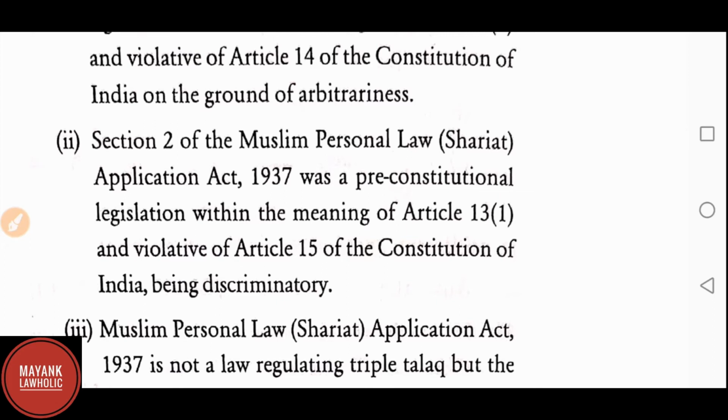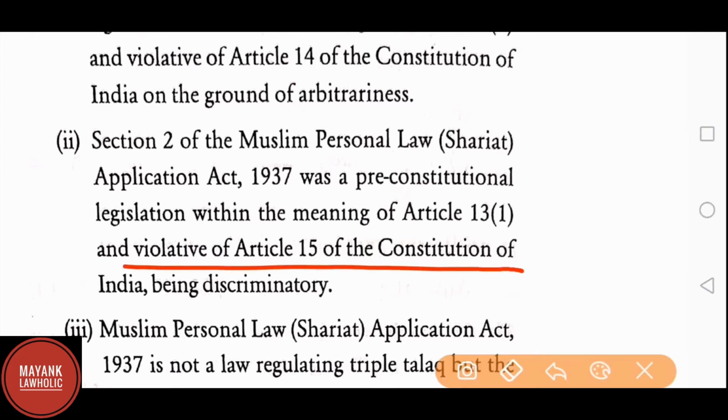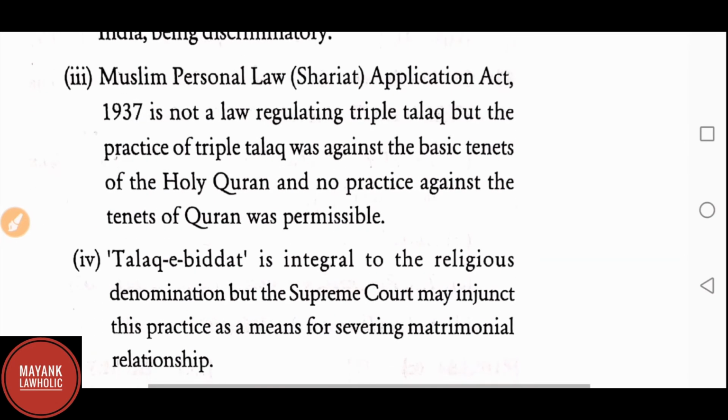Section 2 of the Muslim Personal Law Shariat Application Act was a pre-constitutional legislation within the meaning of Article 13 Clause 1 and violative of Article 15 of the Constitution of India being discriminatory. 3. The Muslim Personal Law Shariat Application Act 1937 is not a law regulating triple talaq, but the practice of triple talaq was against the basic tenets of the Holy Quran and no practice against the tenets of the Quran was permissible. 4.